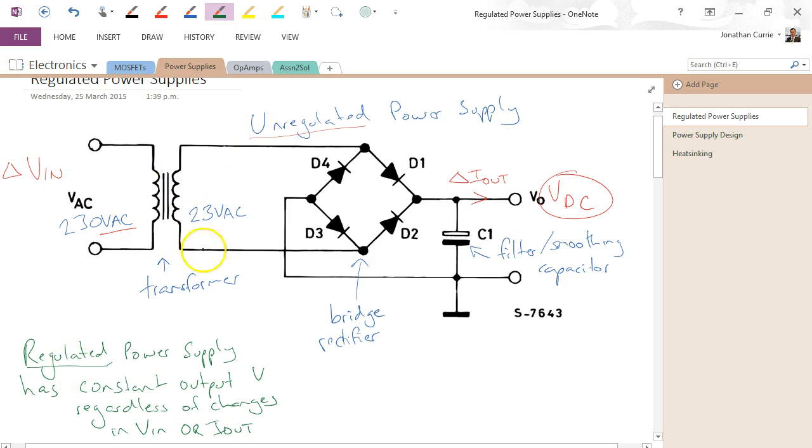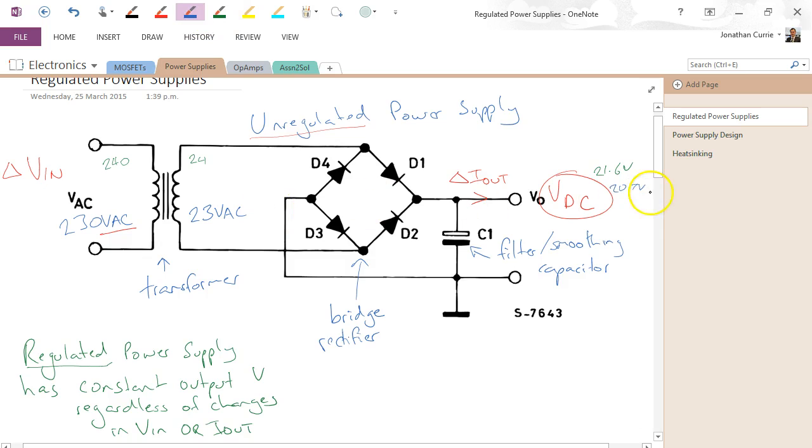If we come back up here and actually have a look at this circuit, we see that if, for example, this voltage here goes up, so let's say it goes up to 240, we'll now get 24 volts here, approximately. 0.9 times that will give us the DC voltage, which will be approximately 21.6 volts DC. If we do it with the original calculation, 23 times 0.9, we would have instead 20.7 volts.